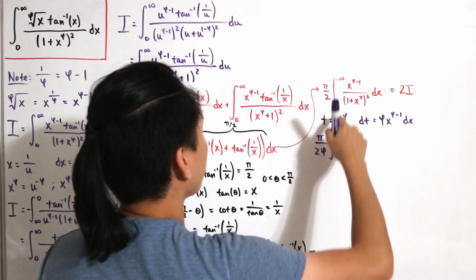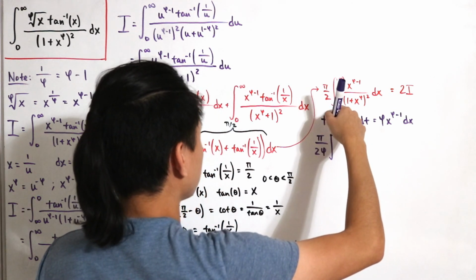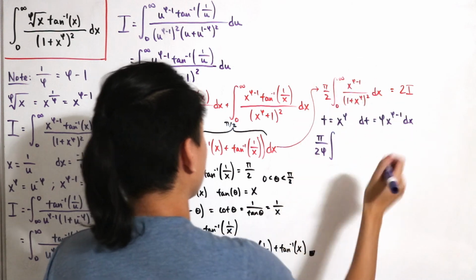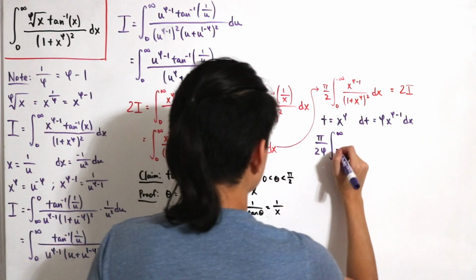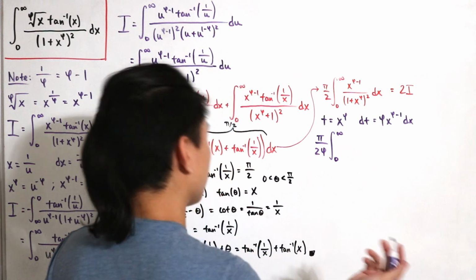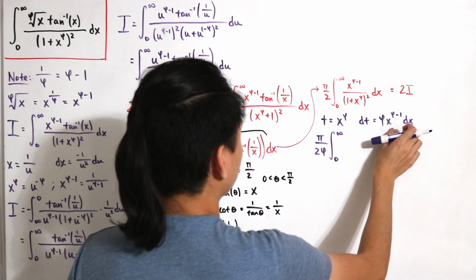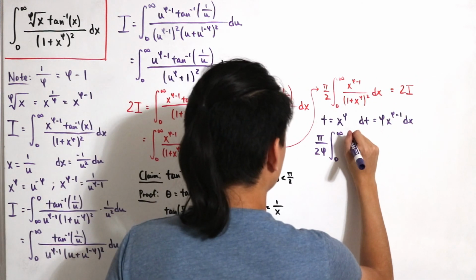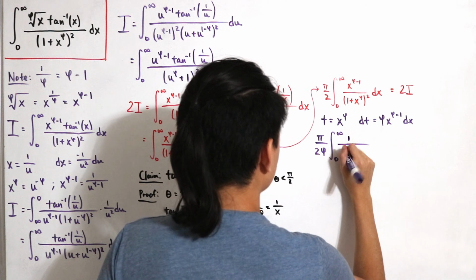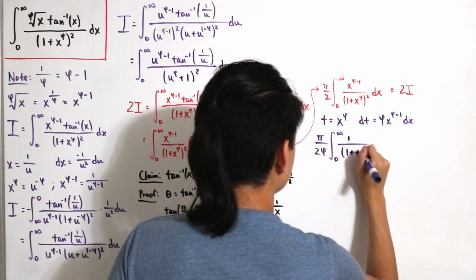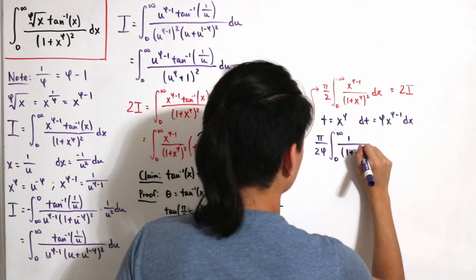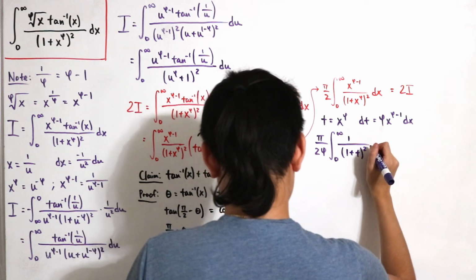Let's see, if we're doing the bounds, if we do infinity over here, then t would have to be infinity, and if I do 0, then t would have to be 0. All right, so nothing's changed. So this just replaces here, so that'll just be a 1 in the numerator. And then this is 1 plus t, squared, dt.